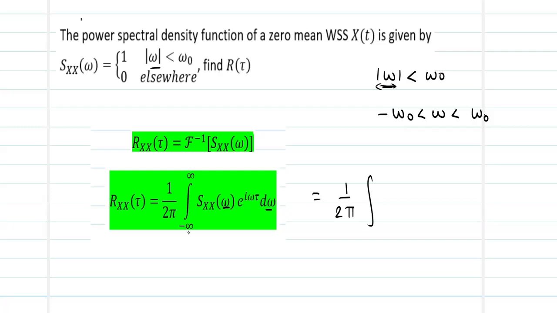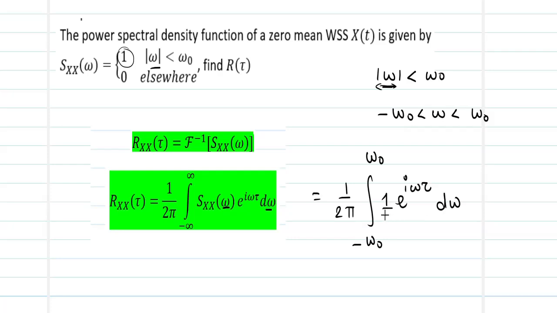Where is my limit? It is not from minus infinity to infinity. It becomes 0 elsewhere, but is valid only between minus omega naught to omega naught. What is the input function Sxx of omega? You take it from over here. The input function is equal to 1, and this is going to be e power i omega tau, and the integration is with respect to omega.